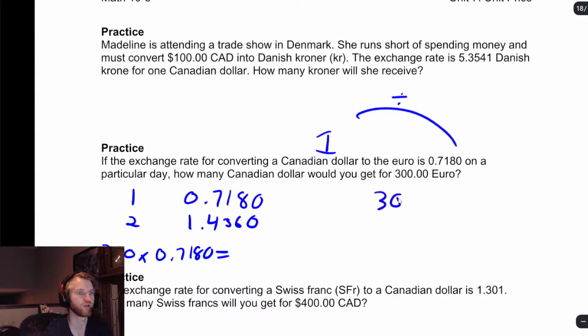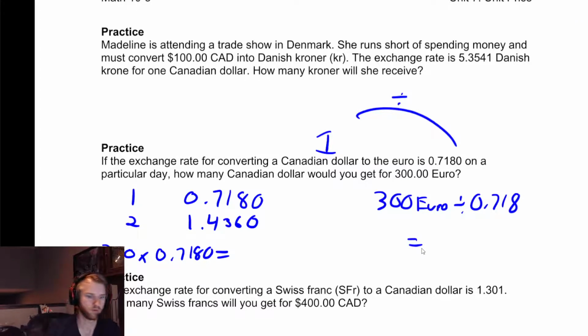So we'd say 300 euros divided by 0.718 will give us how many Canadian dollars that is. 300 divided by 0.718 is 417.827, so I'll say 417.83. So this is how much we would have in Canadian dollars.